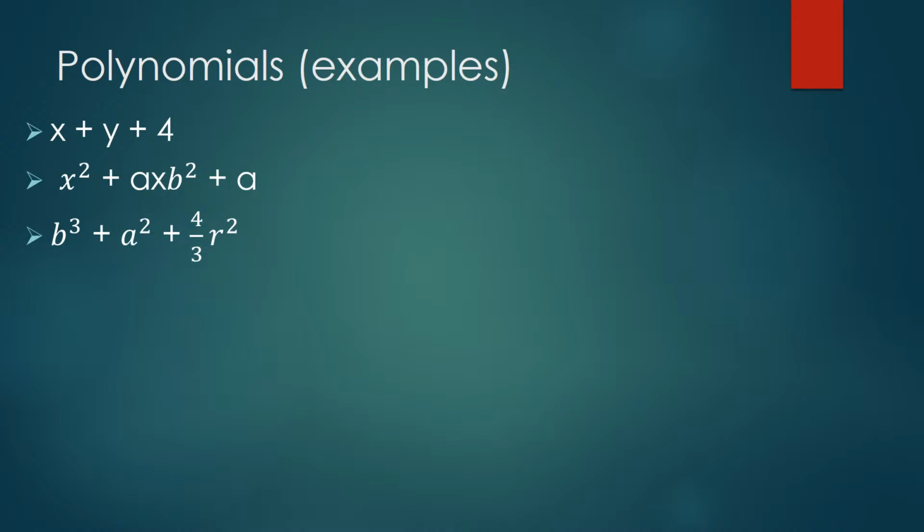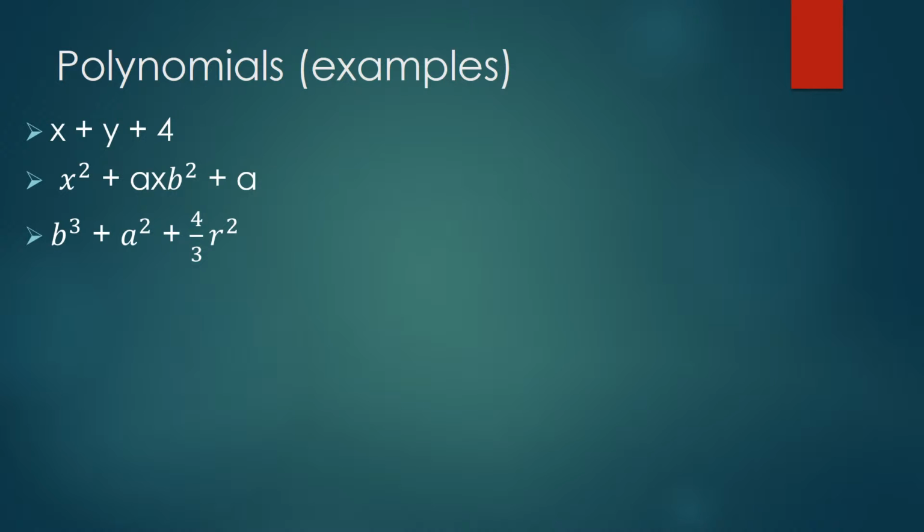Another polynomial here with 3 different terms, x squared plus a x b squared plus a. 3 terms, 3 monomials connected with plus signs makes it a polynomial. Another example of a polynomial, b to the third plus a squared plus 4/3 r squared.